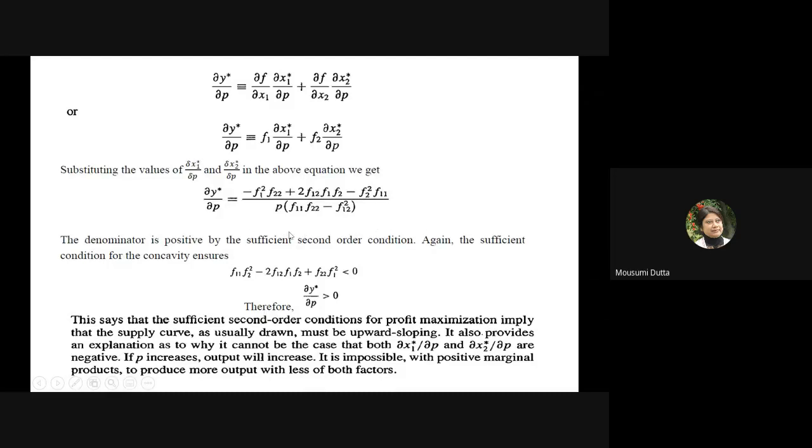So what will be the best thing? Write down this expression. Del Y star by del P is equal to F1 del X1 star by del P plus F2 del X2 star by del P. Then in place of del X1 star by del P and del X2 star by del P, put these values and check whether we are getting the expression which is written in the slide.